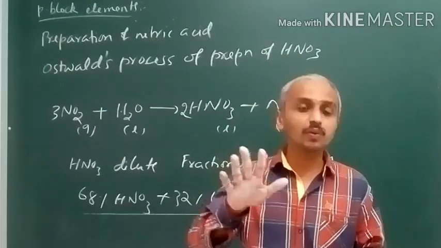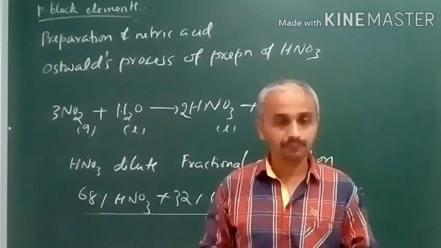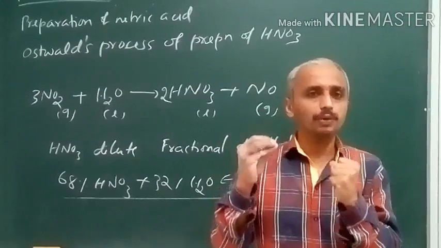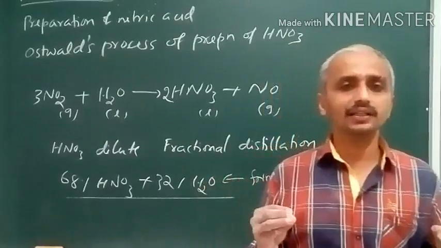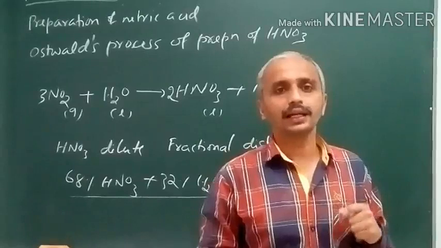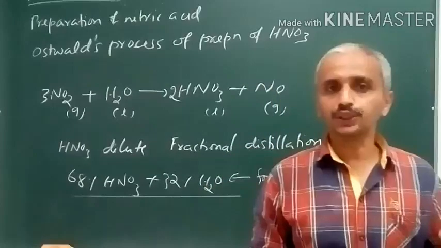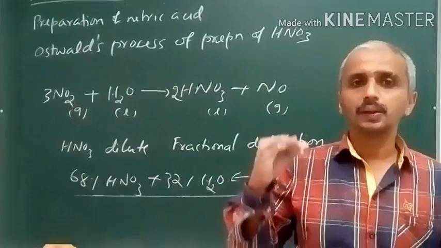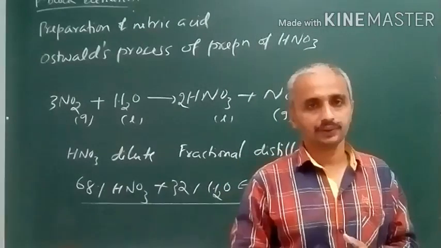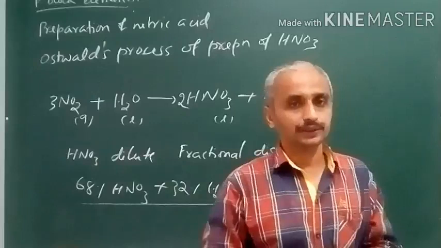What do you mean by a maximum boiling point azeotrope? If the boiling point of the azeotropic mixture is higher than the boiling point of the individual components, then it is an azeotropic mixture with maximum boiling point.